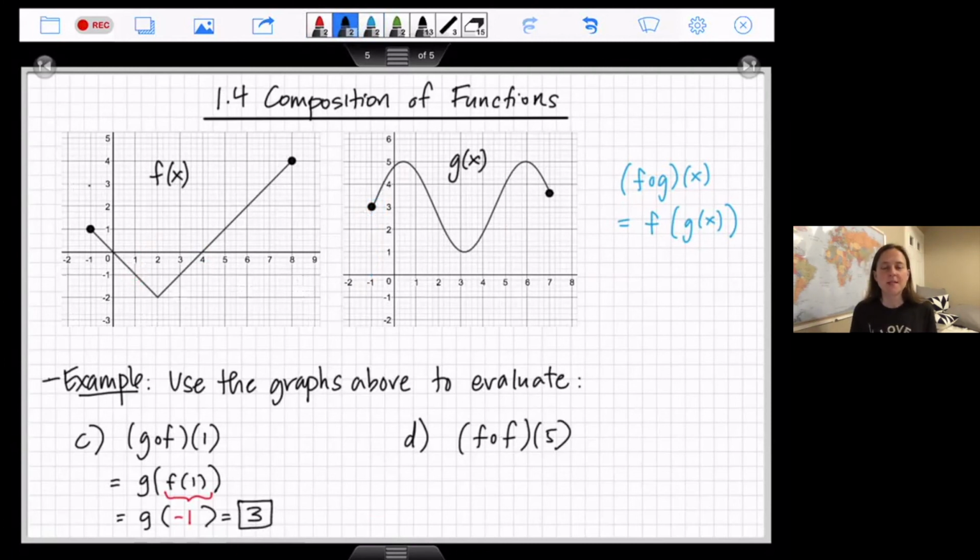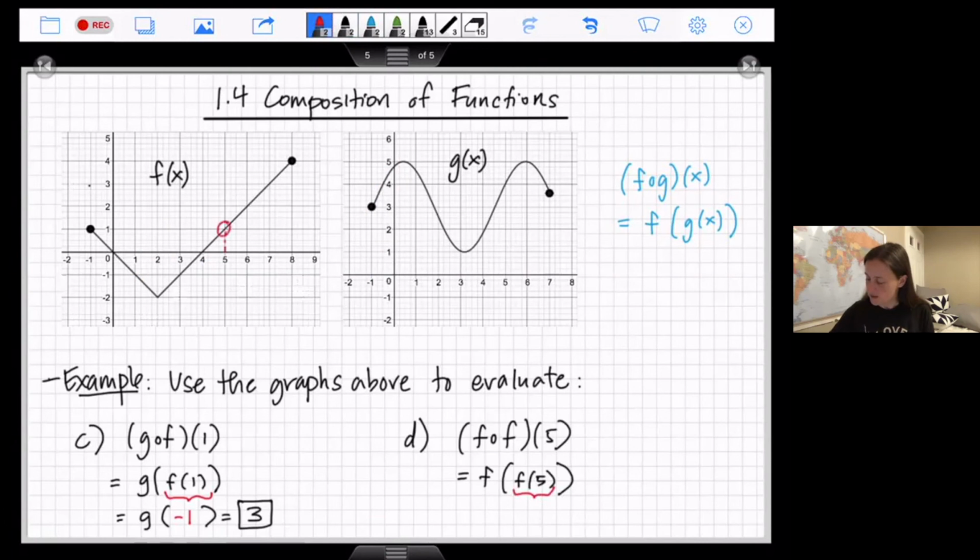So our last one is f composed with f of 5. It's possible that you can compose a function with itself, and this is exactly what's going on here. So this would just be f of f of 5. So f is both the inside and the outside function. You still start on the inside and work your way out. So f of 5, I'm going to go over to the graph of f.